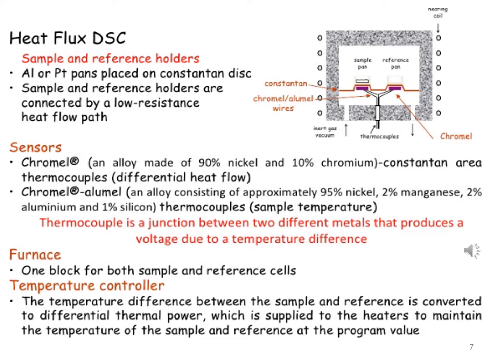Both are put into this single furnace block. As we already discussed, the function of the temperature controller is to control the temperature difference between sample and reference, which is converted to differential thermal power, and this power is supplied to heaters that can maintain the temperature of the sample and reference at the program value.